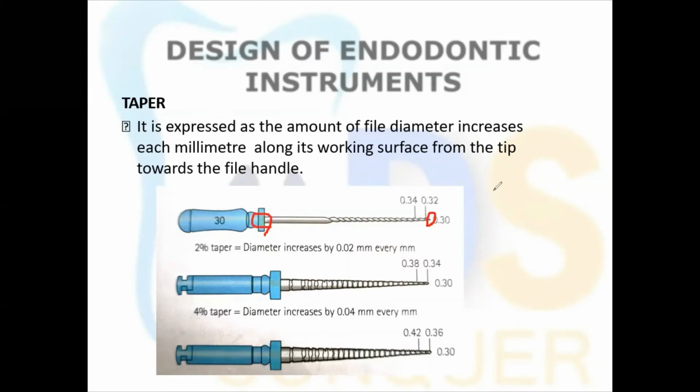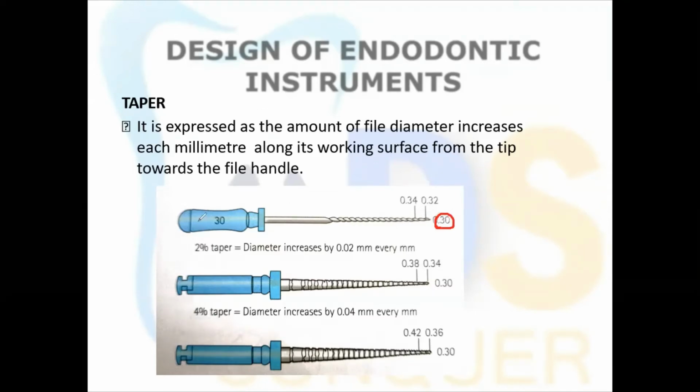So here, let's take an example of a 30 number file. Whatever taper it is, whether 2%, 4%, or 6% taper, the apical tip diameter would remain the same, that is 0.30. But the successive diameters depend on the taper of the instrument.